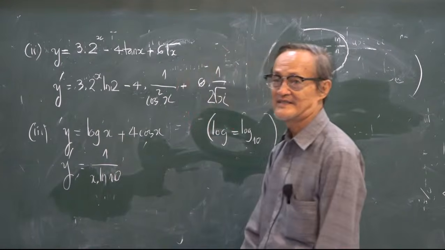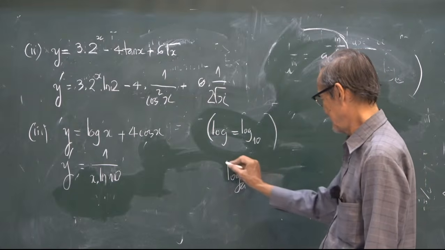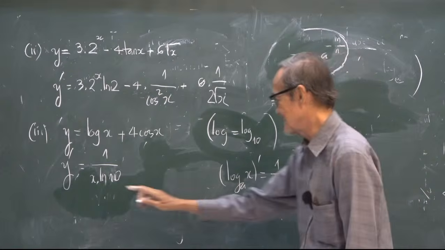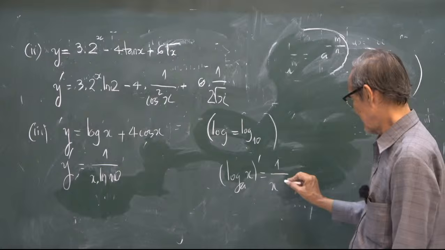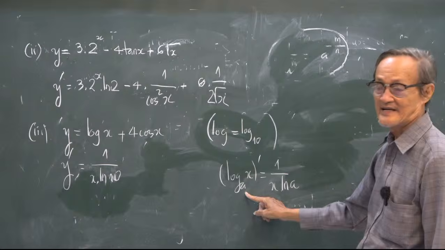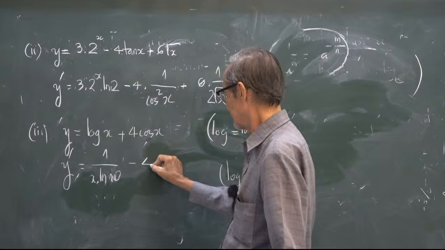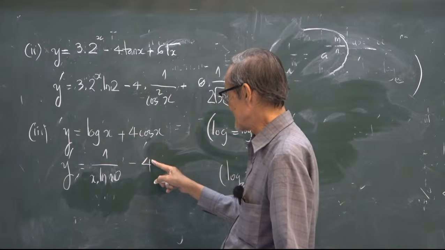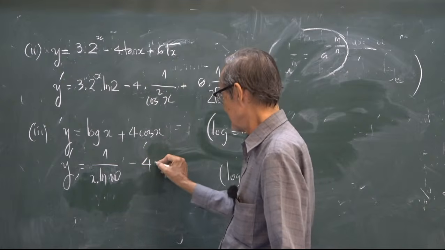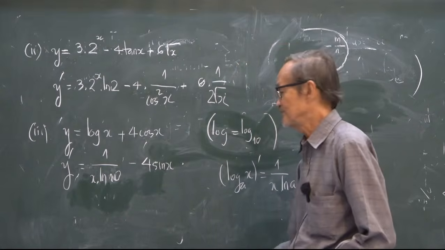So 1 over x here and natural log of the base 10 here. Plus 4 times the derivative of cos, which is minus sin. Okay.